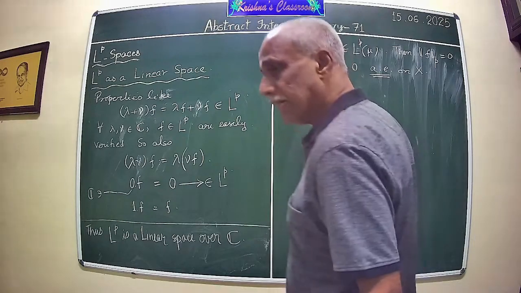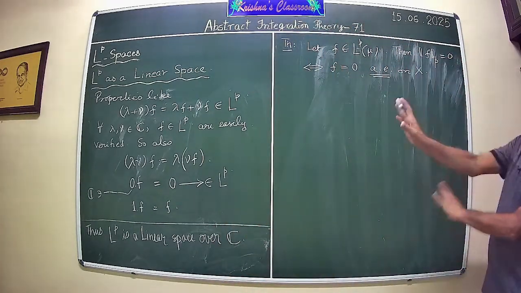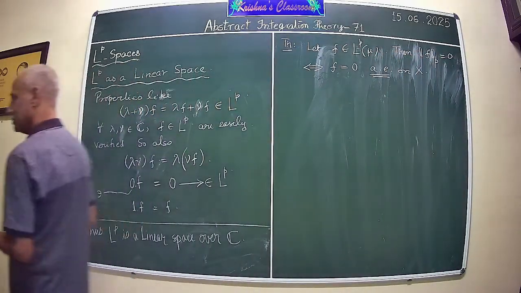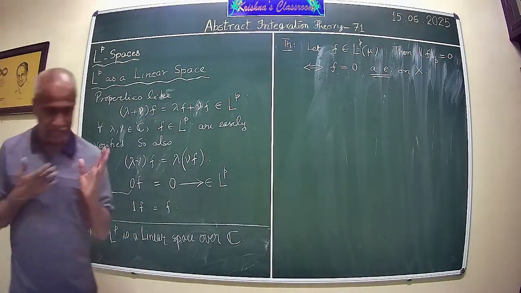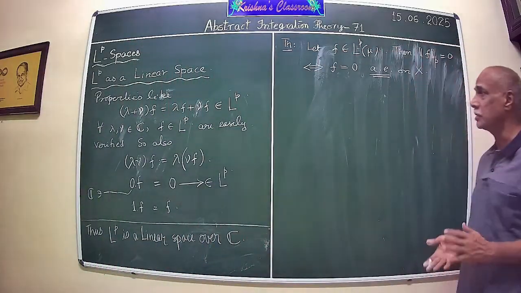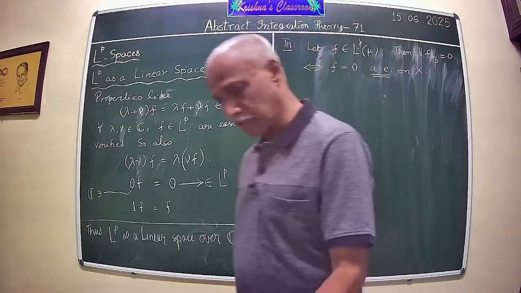Now that is the catch that is going to slightly complicate your work, demanding more insightful analysis to get a normed linear space out of LP. Okay, so we will just explore this.